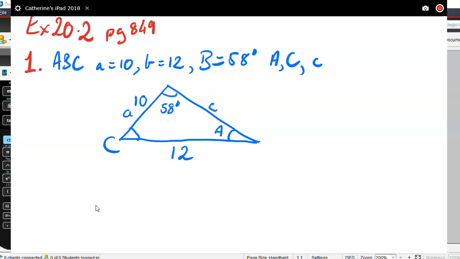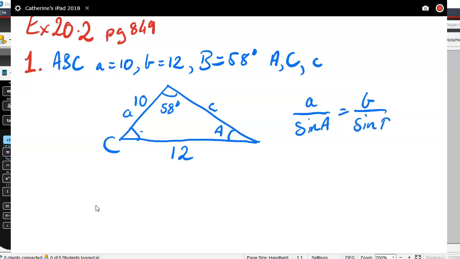Okay, so let's start thinking about this. The first thing I'm going to do is find angle A, because knowing angle A, I can work out angle C, can't I?